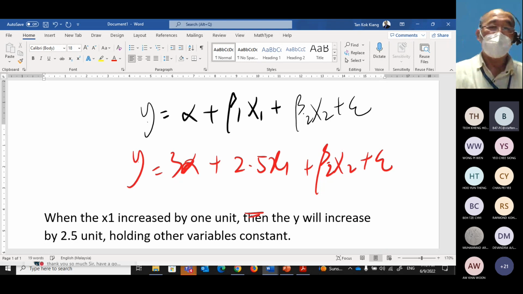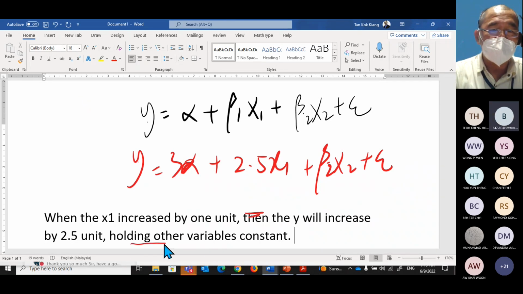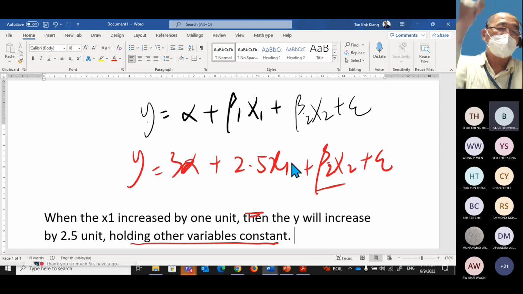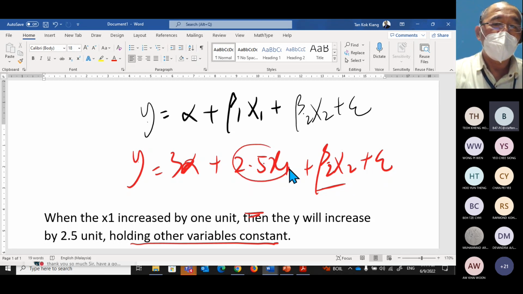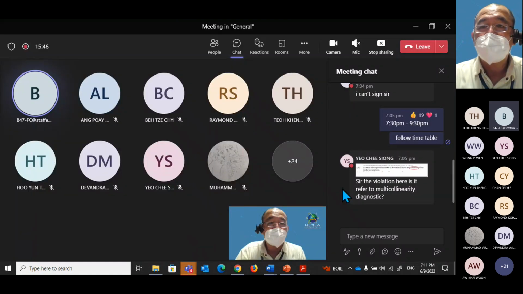You must put these three words, because here you consider beta 2 x2 is in the model. This is multiple linear regression. Therefore, when you interpret x1, you actually hold the other variables constant. So this is how to interpret the beta.